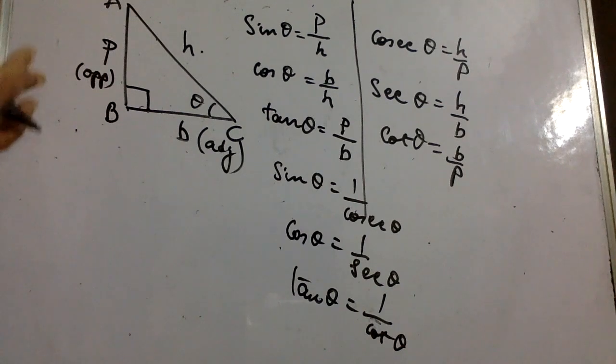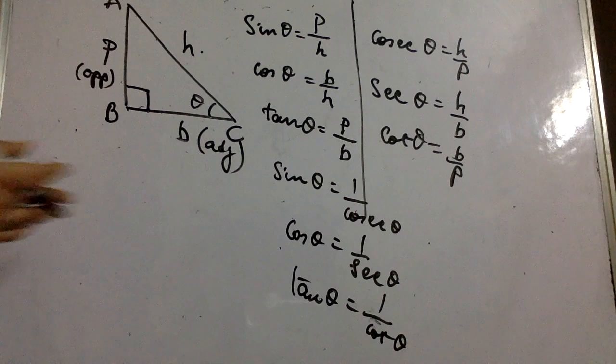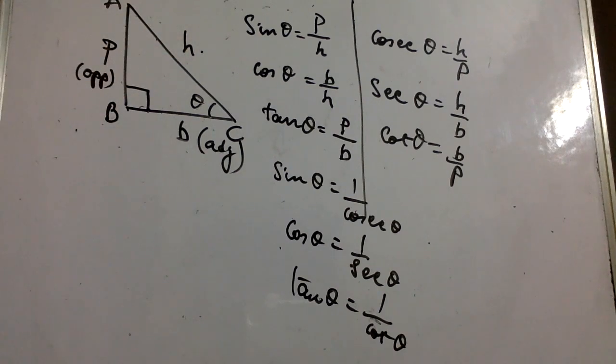Now how do you remember this? Initially, as you start with trigonometry, it is very difficult to remember these ratios. Sometimes it can get very confusing. So I'll tell you 3 lines and you remember that, and in the beginning you should write it at the top margin of your notebook.